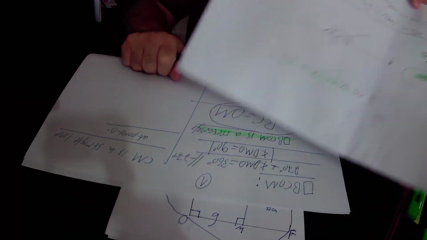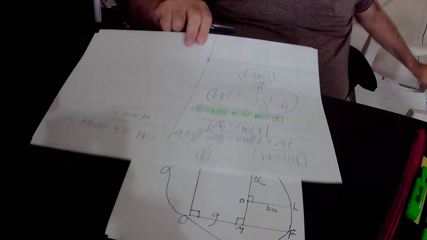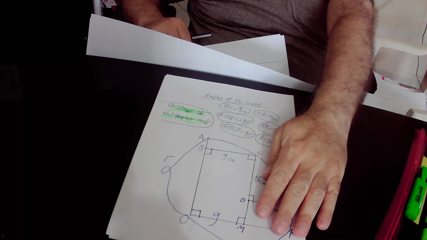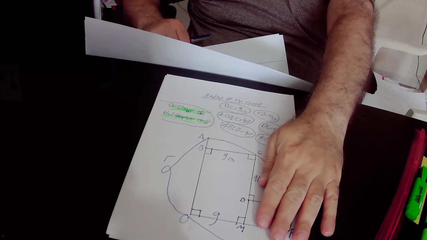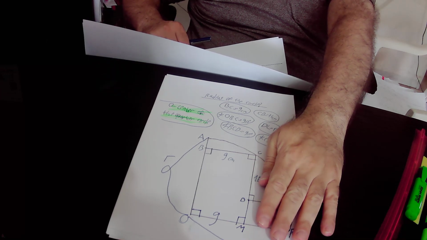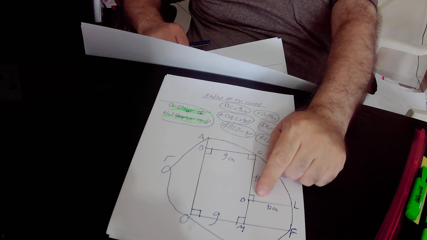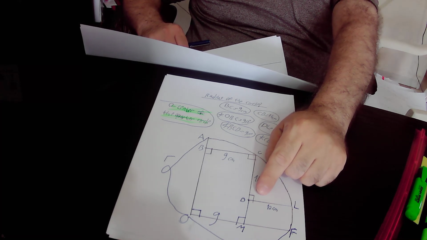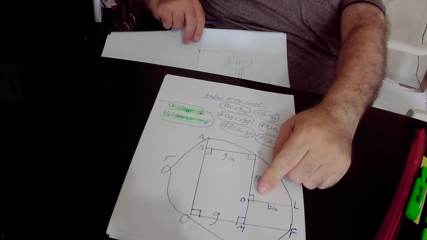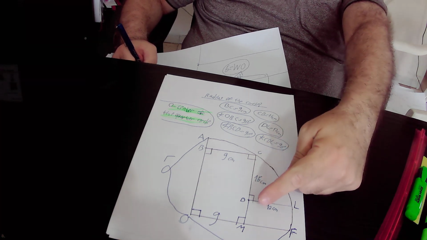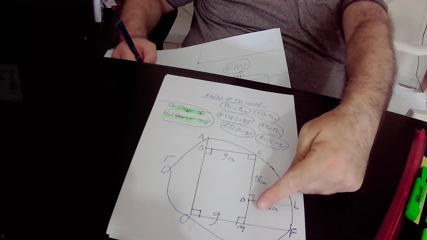So we can implement rule number 3 in our drawing, because in our drawing we have the straight line CM. So if we focus on this side of the straight line CM at point D, then the sum of the angles here must be equal to 180 degrees. So which angles do we have on this side of CM at point D? We have this angle that is equal to 90 degrees, plus this angle that is actually angle MDL.